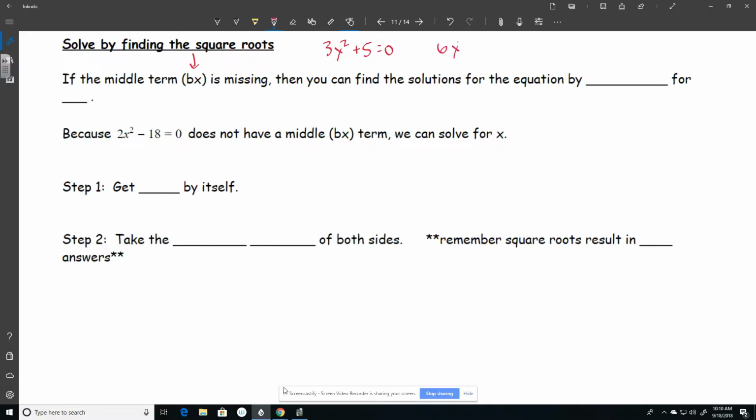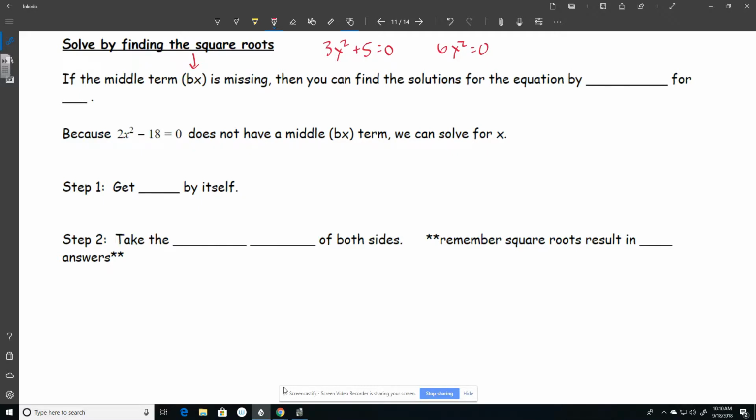It can be 6x squared all by itself, but it cannot have this extra term b times x in the middle. If it does, we can't use this way of solving. We have to use something else. But if that middle part is missing, then we can find the solutions for the equation.